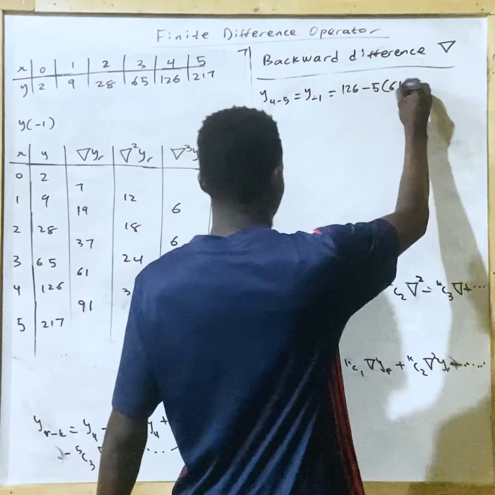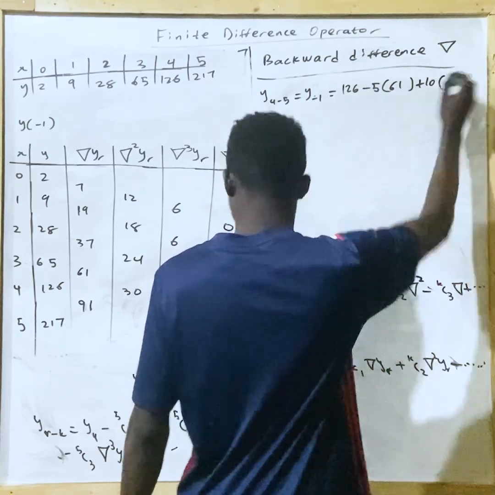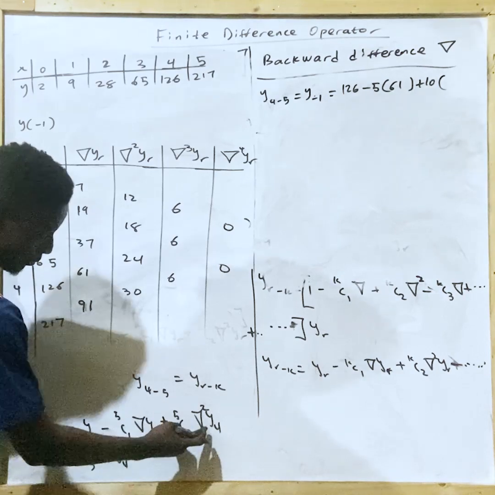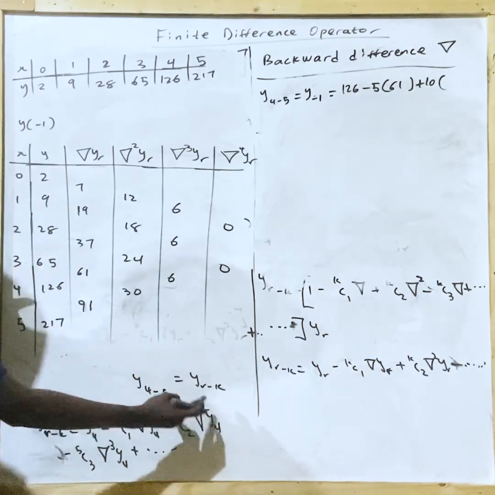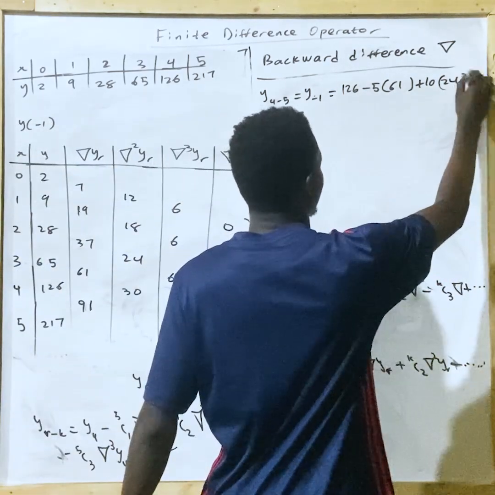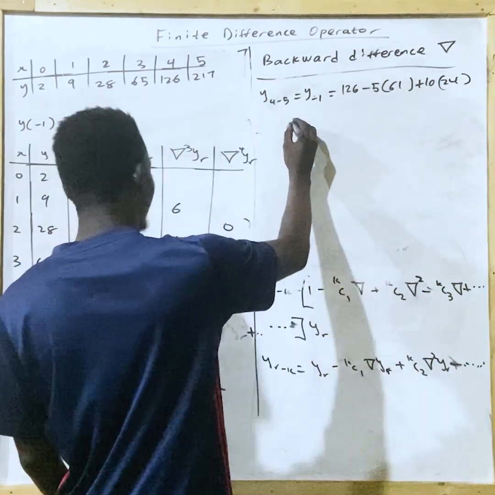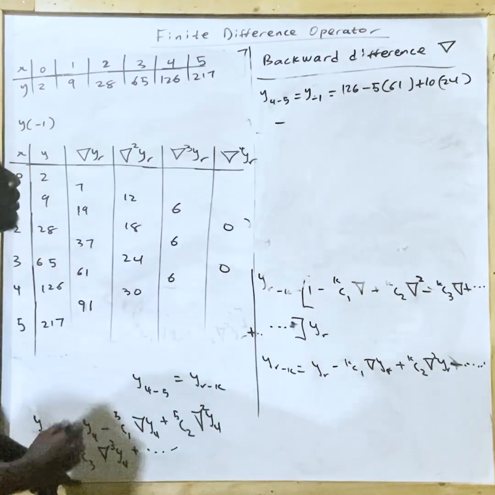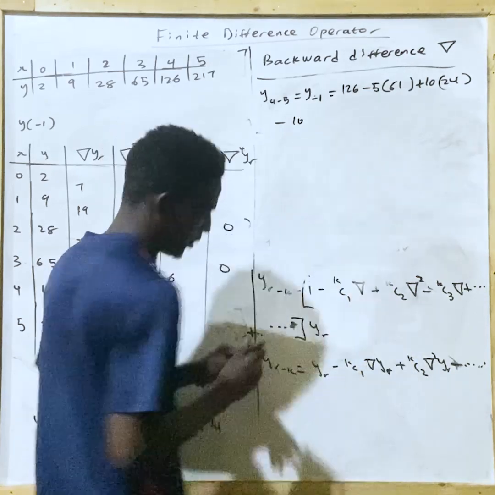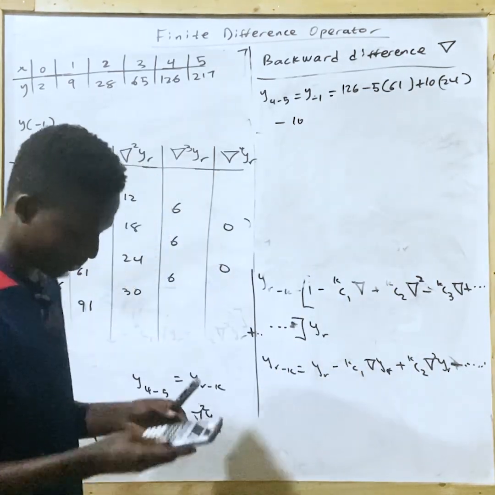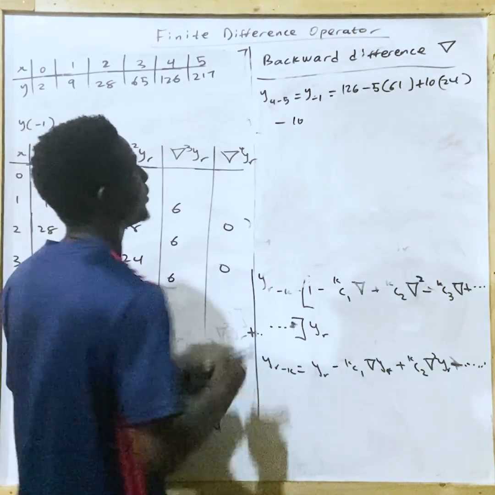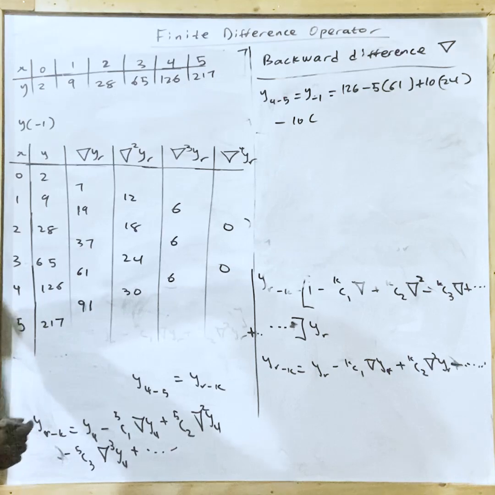So 61, plus 10 in bracket, since 5 combination 2 is 10, times the backward difference square of y4, that's 24, minus 5 combination 3. 5 combination 3 should be 10. Yes, let's check.